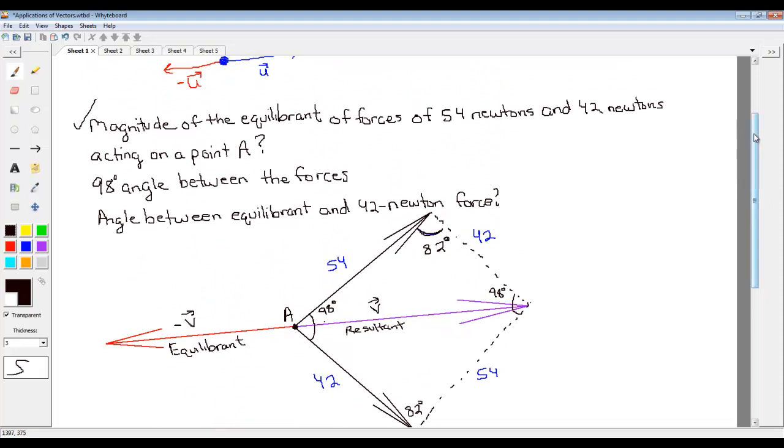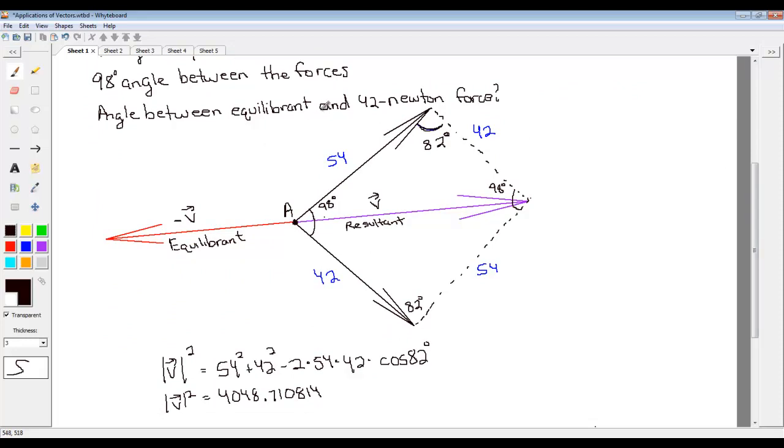And then next, what's the angle between the equilibrant and the 42 Newton force? Okay, here's the 42 Newton force, here's the equilibrant. What is this angle here?